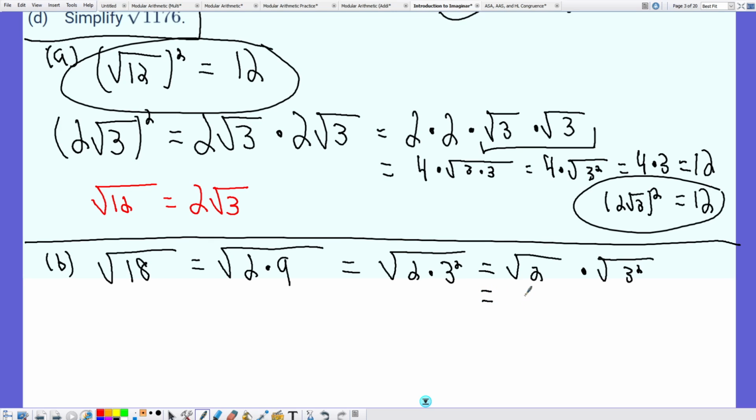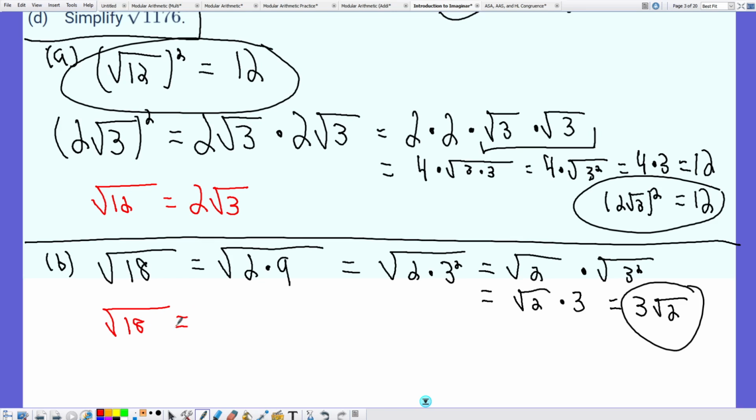That becomes the square root of 2 times, and the square root of 3 squared is just 3. And more simply written, we always put the whole number first: 3 times the square root of 2. So what we have just established is that the square root of 18 is equal to 3 times the square root of 2.